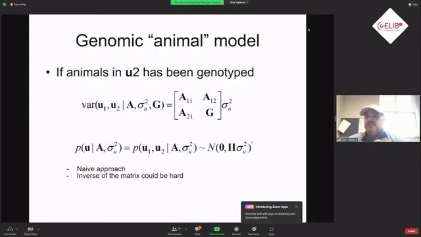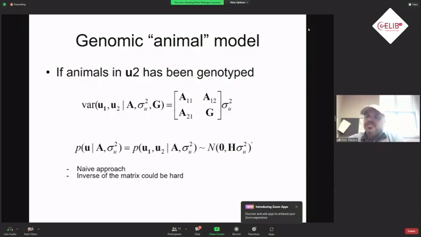The second thing is there is no guarantee that you will be able to invert this matrix. From a technical point of view, this matrix very likely is not going to be positive definite, or semi-positive definite at least, so you cannot invert it. But even if it had no technical problem, inverting a matrix like this is not going to be possible because it is extremely big.